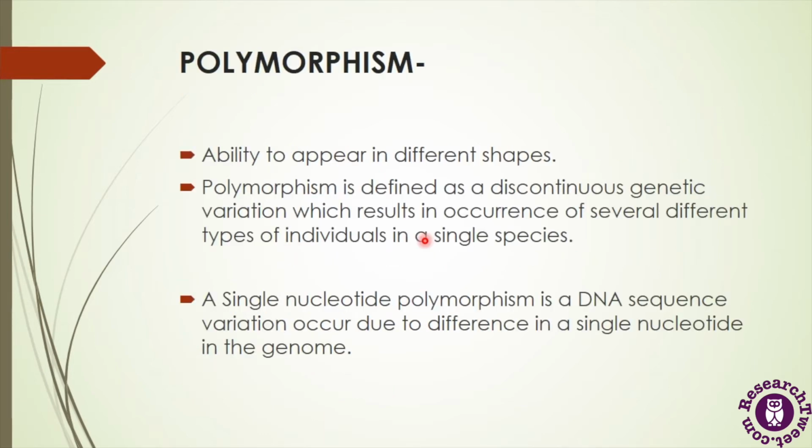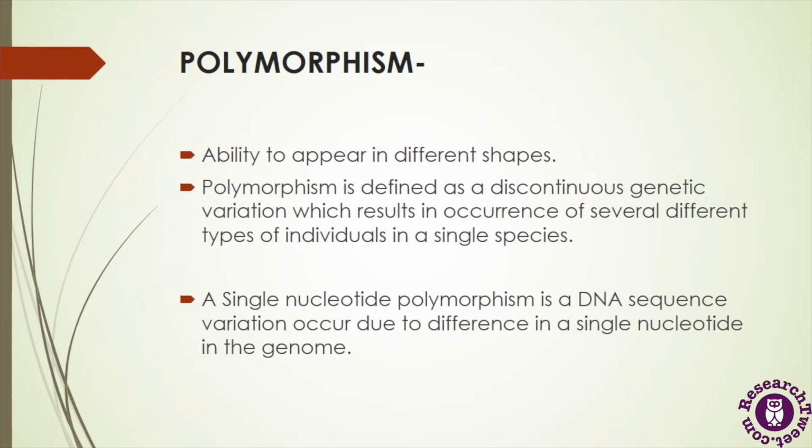Now let's understand what polymorphism is. In common language, polymorphism is the ability of a particular organism to appear in different shapes. But in terms of biology or genetics, polymorphism is defined as a discontinuous genetic variation which results in the occurrence of several different types of individuals in a particular species.